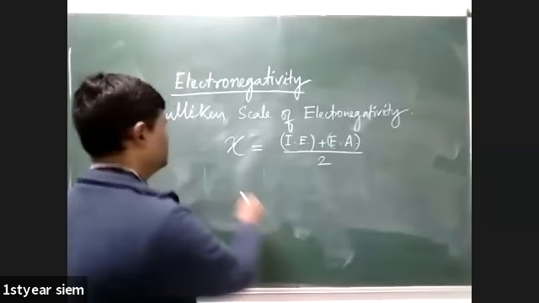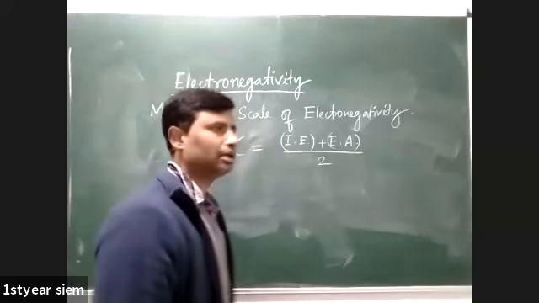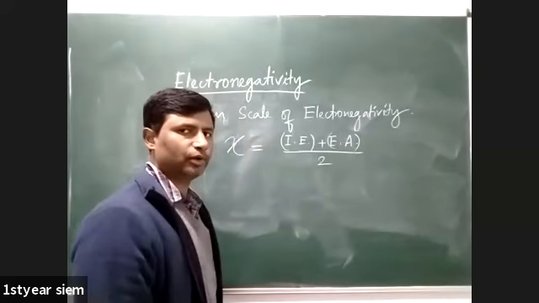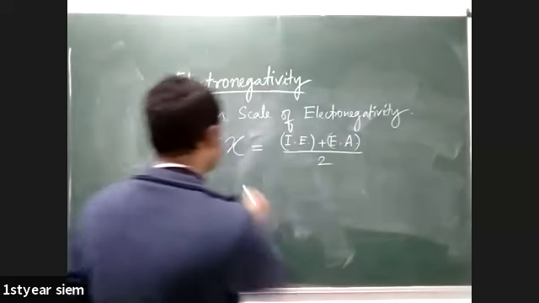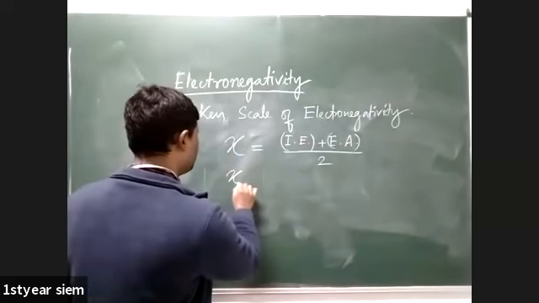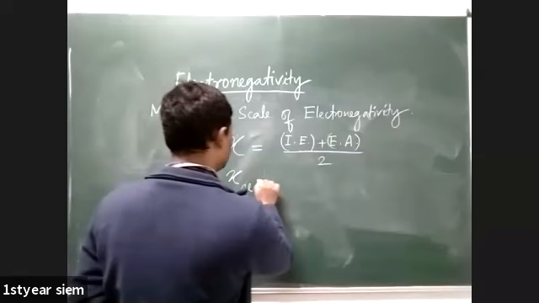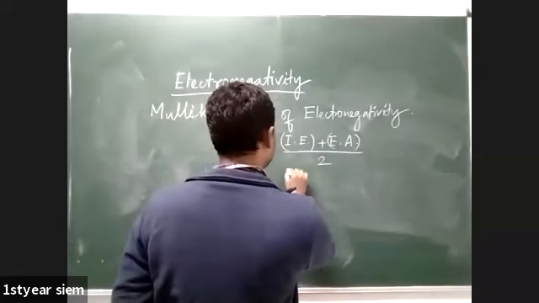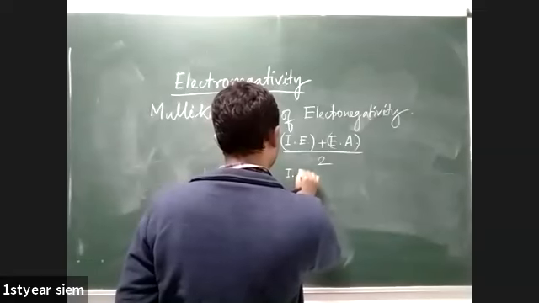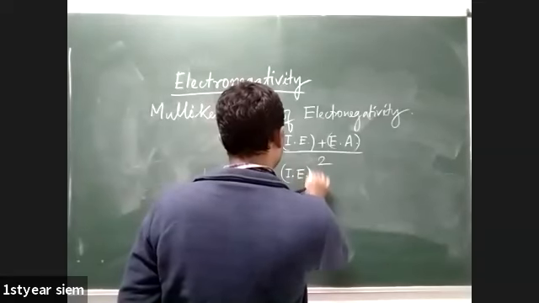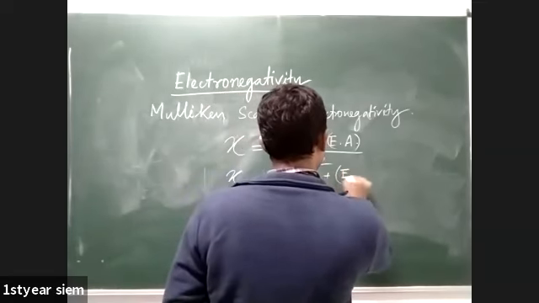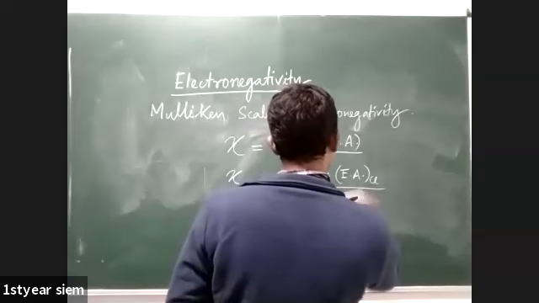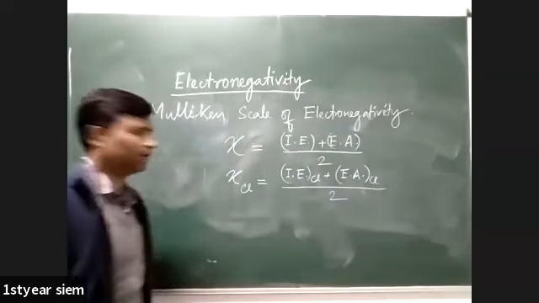For example, to calculate the electronegativity of chlorine, the electronegativity of chlorine equals the ionization energy of chlorine plus the electron affinity of chlorine, divided by 2.